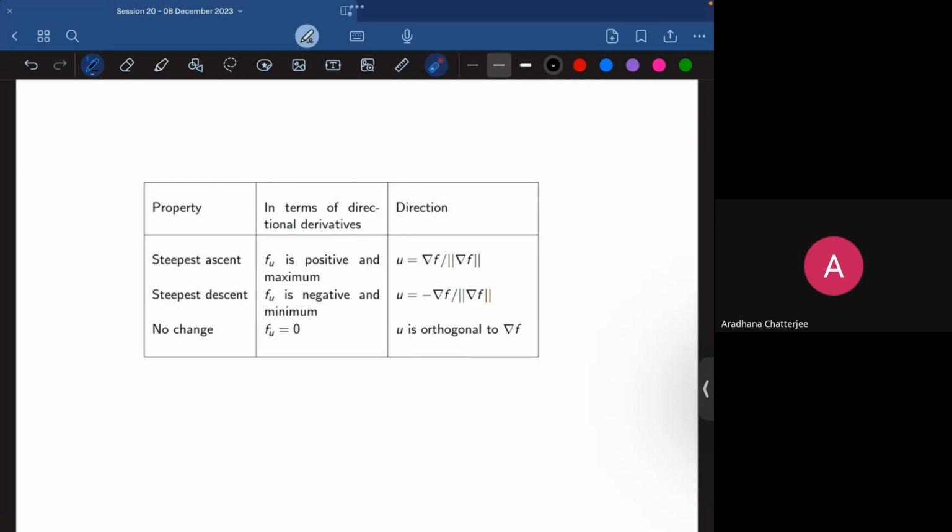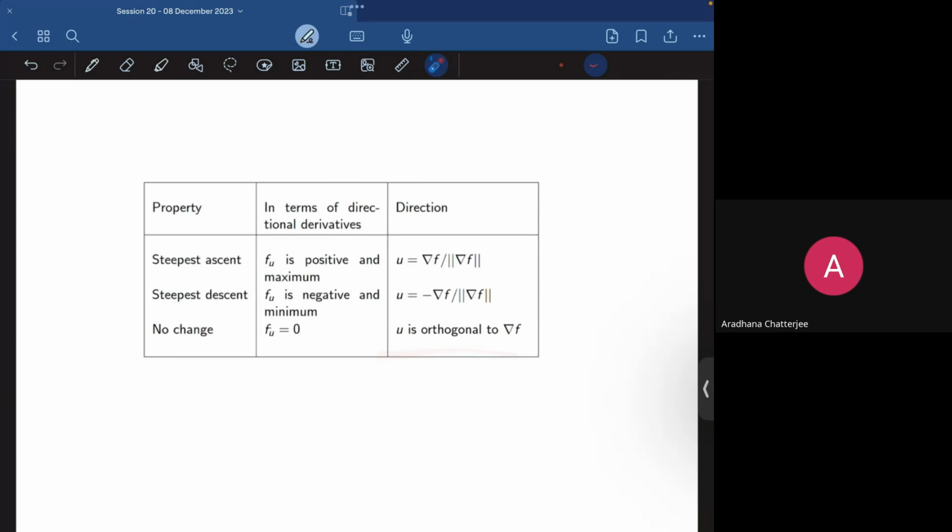When you have some u such that at that point the function is increasing, getting to its maximum value, and vice versa, for this we're finding the function's minimum value. But here the function's value is staying the same. So the rate of change is zero because it's not changing at all. That means that u is orthogonal to grad f.